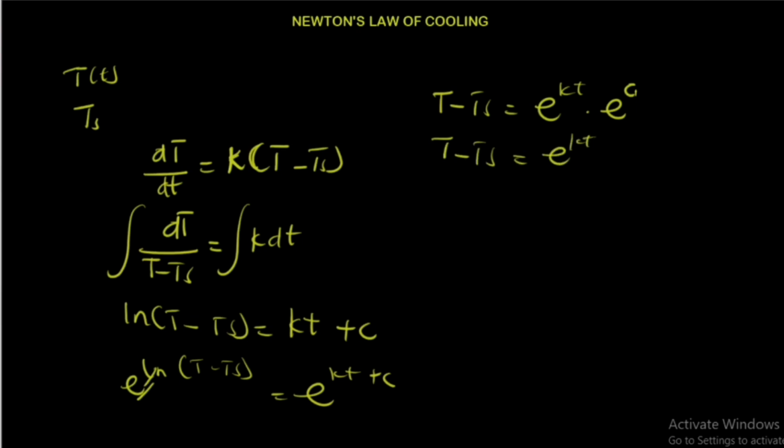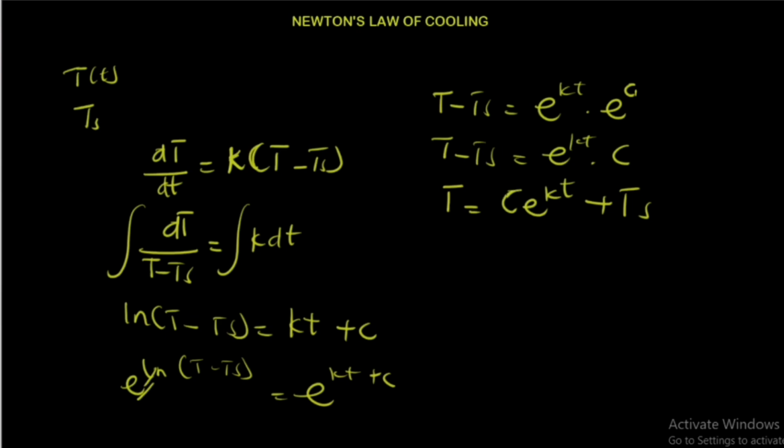So T minus Ts is equal to C e to the Kt. At the end, we have Newton's law of cooling as T is equal to C e to the Kt plus Ts, whereby Ts is the surrounding temperature, and T is the temperature of the object.